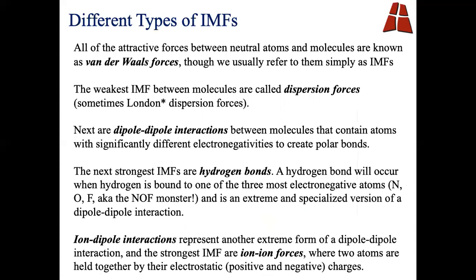A general term for intermolecular forces is van der Waals forces, just in case you don't remember that. The weakest of those are called dispersion forces, or occasionally London dispersion forces. Then we have dipole-dipole interactions, where molecules that have a dipole interact. A special kind, an extra strong kind of dipole-dipole interaction, is a hydrogen bond, where a hydrogen is bound to either oxygen, fluorine, or nitrogen.